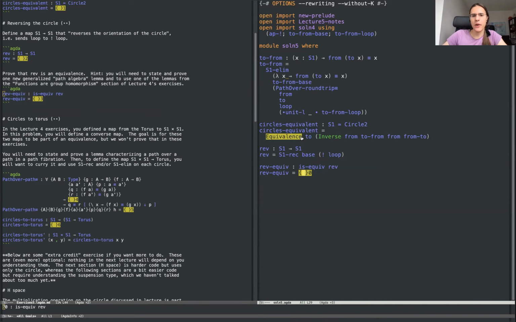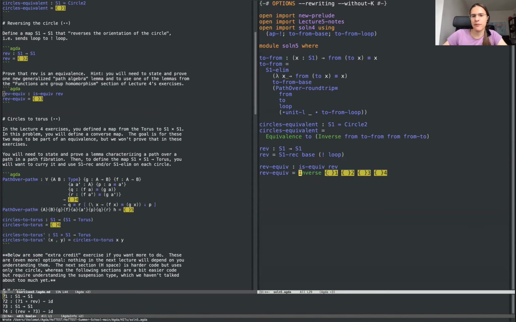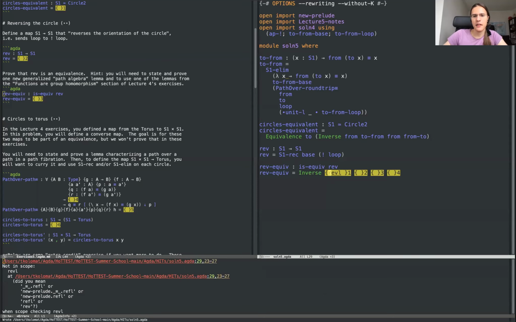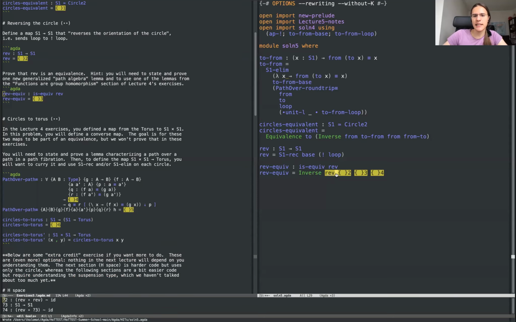So I'm going to write is equivalence rev. Well, to prove is equivalence rev, I need to construct an is equiv structure, which is constructed how? I'll just refine. So I need to give an inverse. I'll just say that the inverse on both sides is rev.